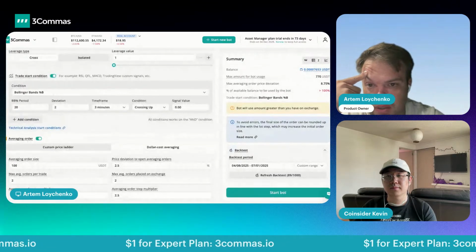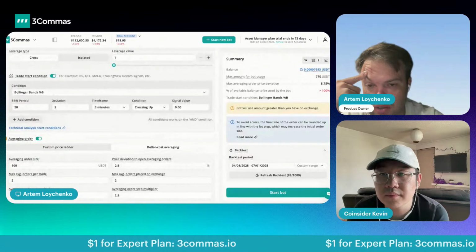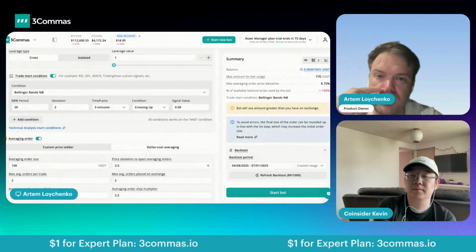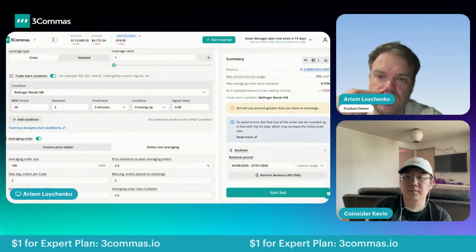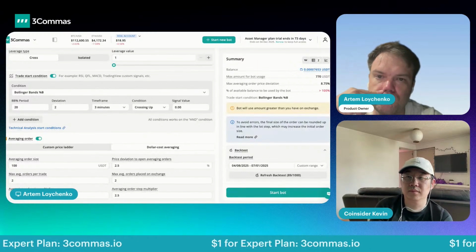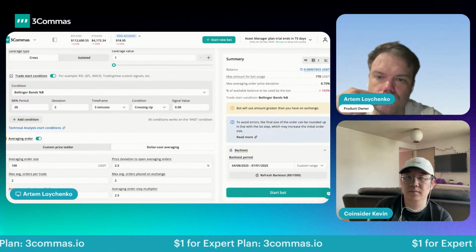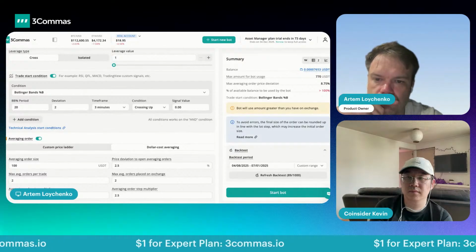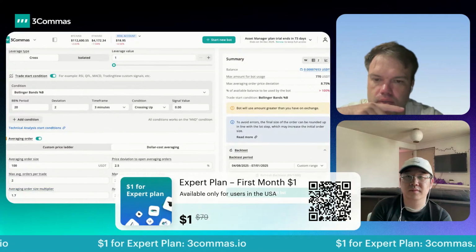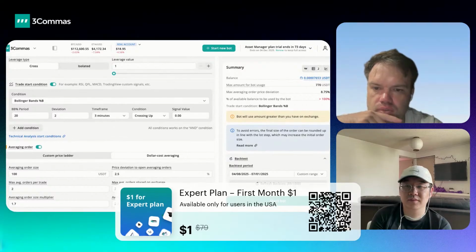So Bollinger Bands, for trying to catch something sideways. Let me think if I would love to have this one. Sorry guys, I'm just thinking and looking at what I had before.